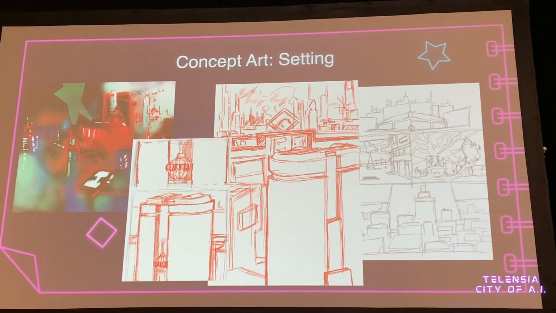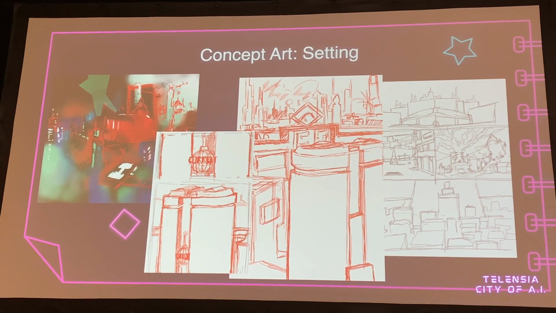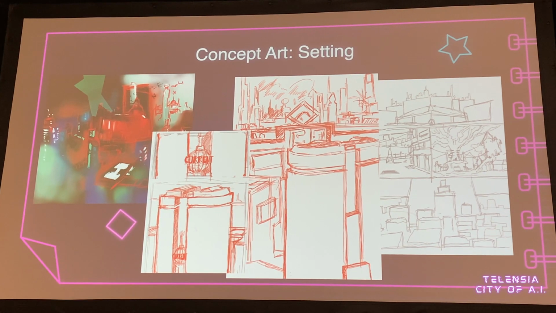So the concept art for the series that we're developing, this is the story art and the visual aspect of the production process. This is the setting. This is a setting of Valencia, a city that's become overrun by artificial intelligence.